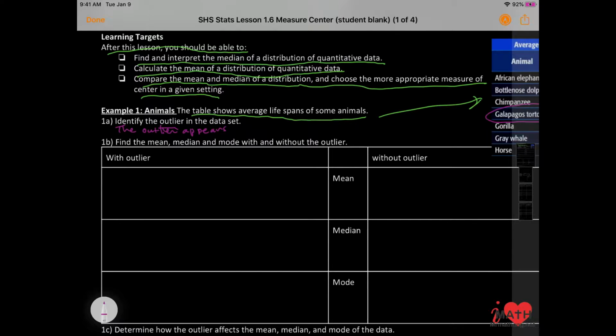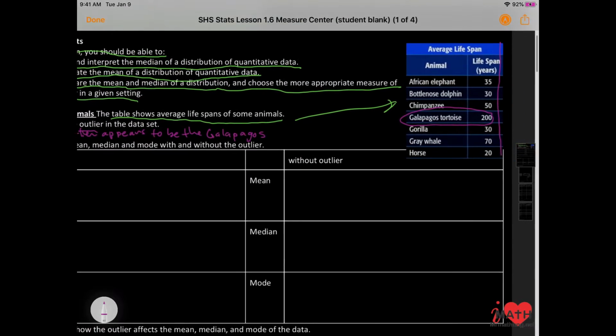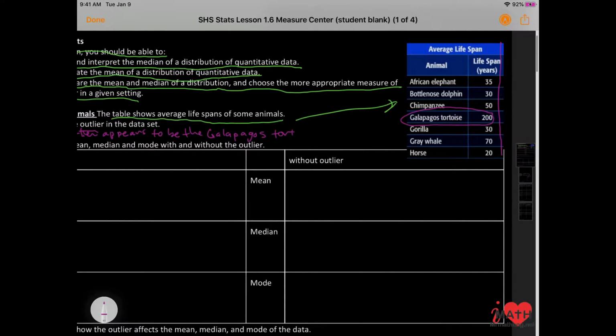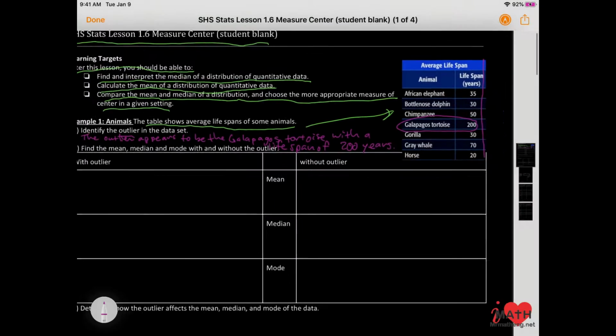So the outlier appears to be the Galapagos tortoise with a lifespan of 200 years. So again, we're always trying to answer in complete sentences.